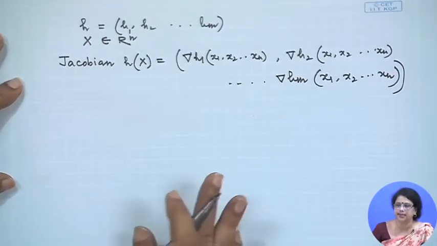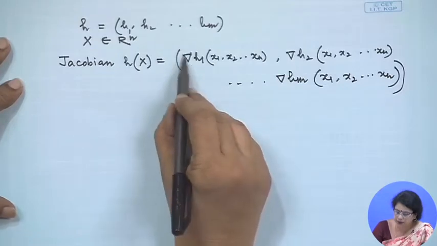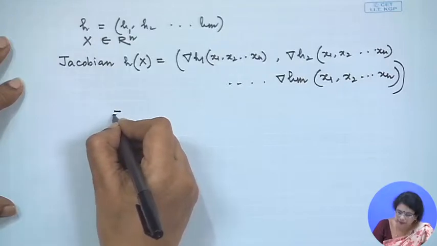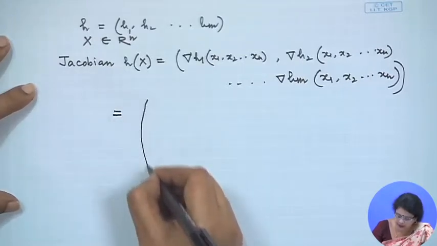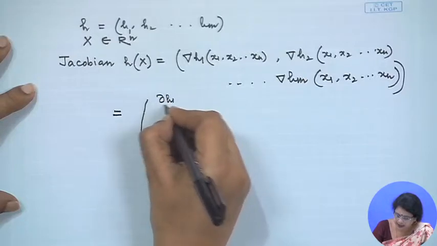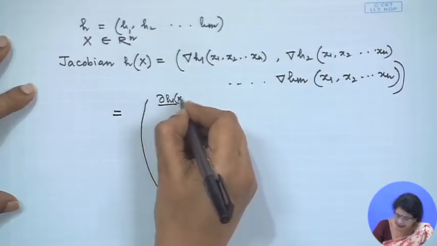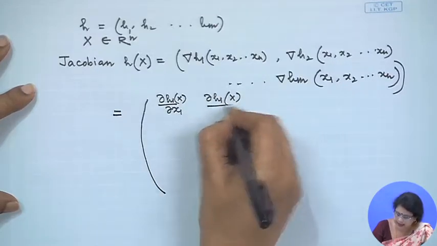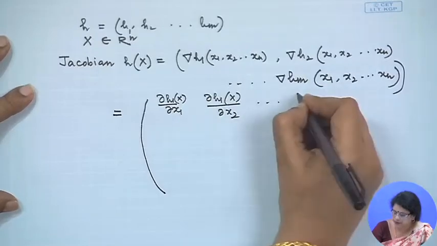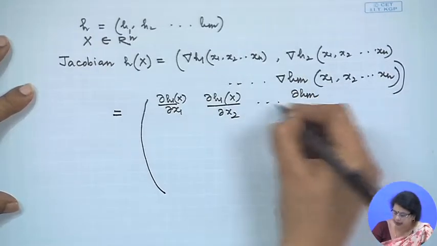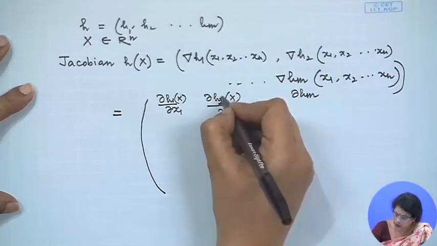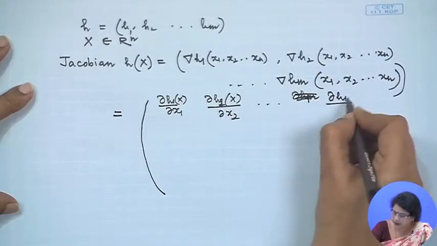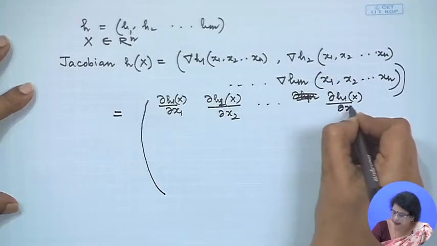But why did we say that this is a matrix? That is a matrix because we can write down the whole matrix as: first row del H1 by del x1, del H1 by del x2, and the last term is del H1 divided by del xn.